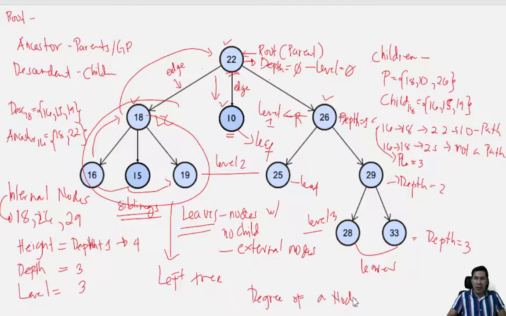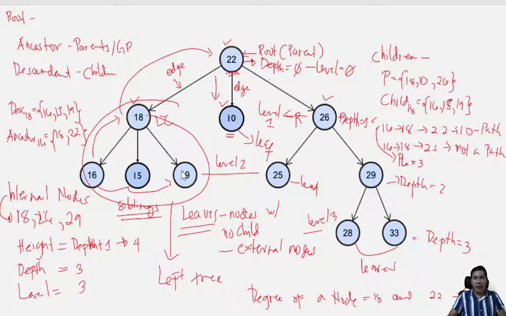So let's say the degree of 18 and 22 are 3. The degree of 18 is 3, the degree of 22 is 3, because each has three direct children.